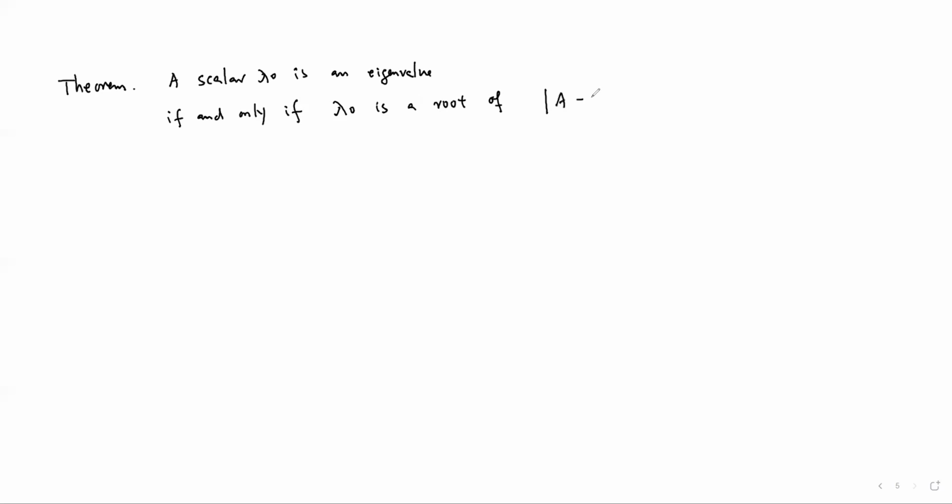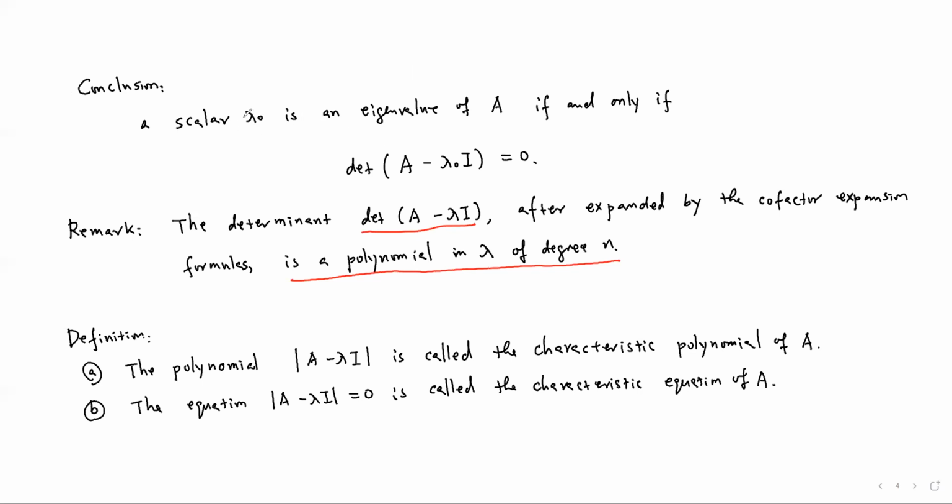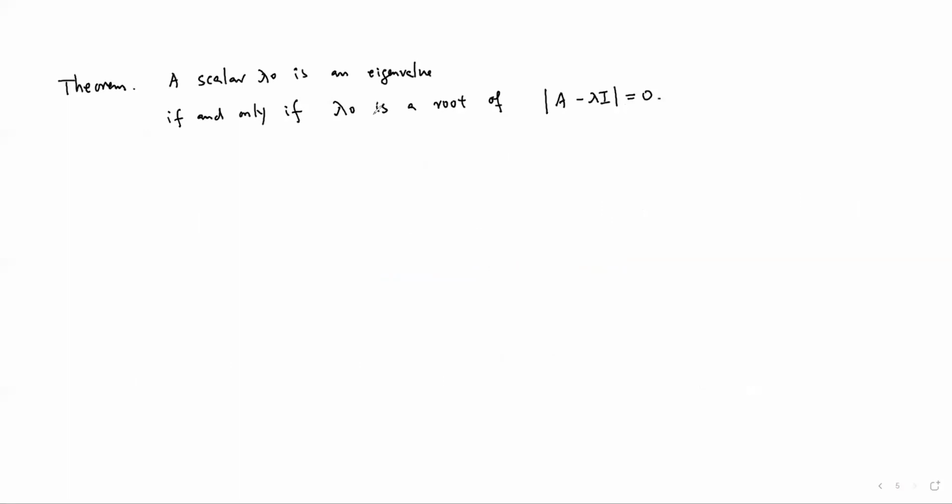If lambda 0 is an eigenvalue, then this equation is true, determinant equal to 0. In other words, lambda 0 is a root of the left side polynomial. A root means it makes the polynomial 0.